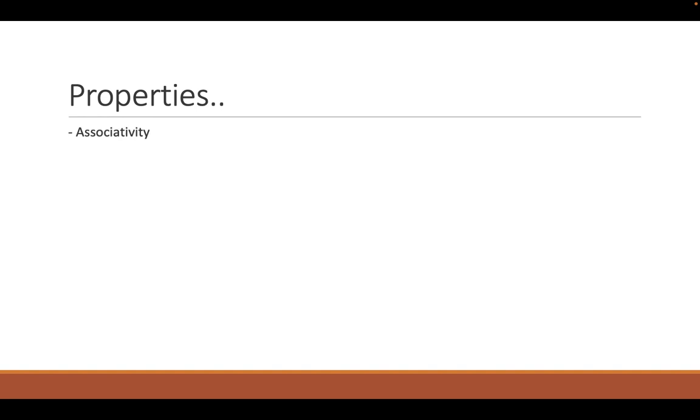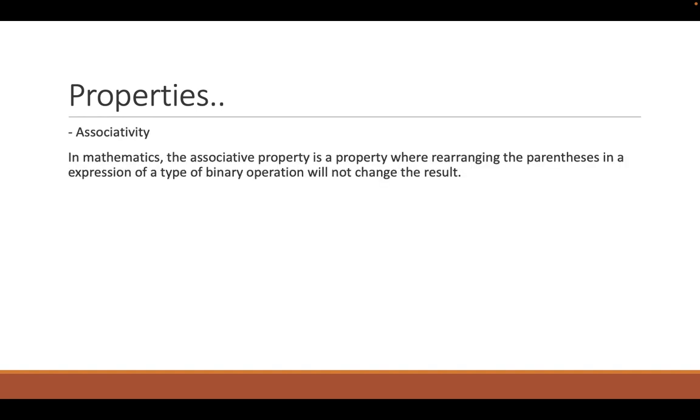Properties continued. Associativity. What is that? In mathematics, the associative property is a property where rearranging the parentheses in an expression of a type of binary operation will not change the result. It's very simple. It's just a matter of putting the brackets.